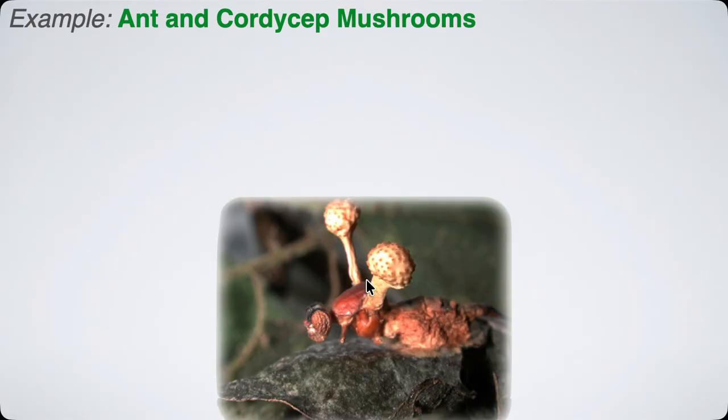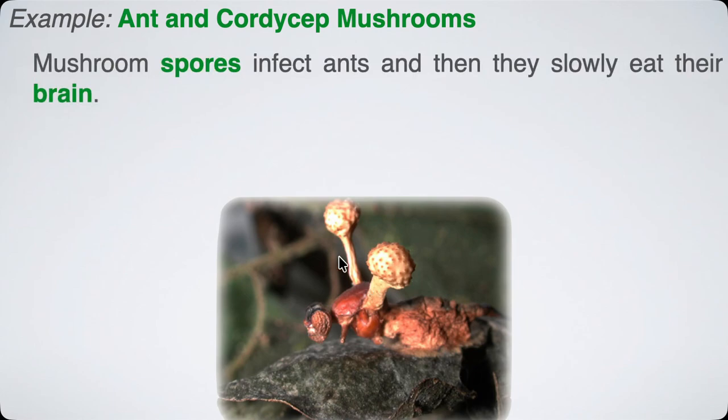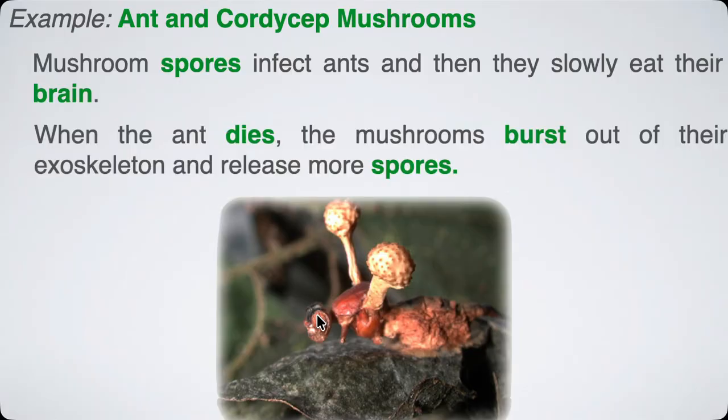Cordyceps does not infect people, though. But what this basically is, is an infected ant that has these mushrooms growing out of its back. So mushroom spores infect ants, and they slowly will eat away at their brain and cause them to do things that they normally wouldn't do. And when that ant dies, the mushrooms kind of break out of its back and then release spores that infect the entire colony.